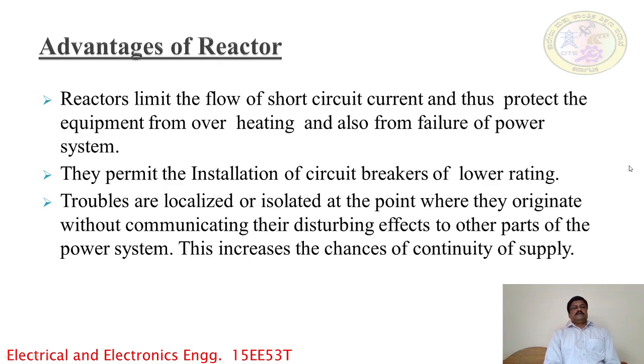Usually the reactors are the main elements in any type of power system because they are limiting devices, that means they limit the flow of short circuit current when a short circuit occurs in the power system.